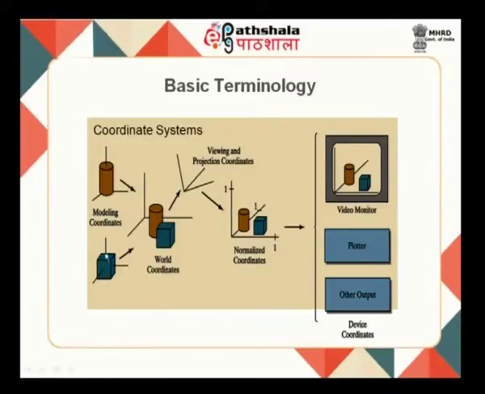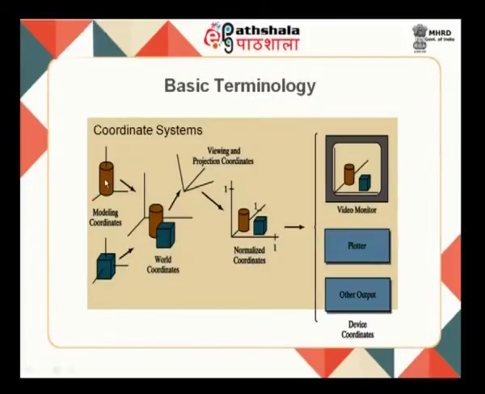And when we place all these objects in the 3-dimensional world, that is, imagine a reference position as shown here, which we call the world coordinate system, all these objects assume world coordinates.